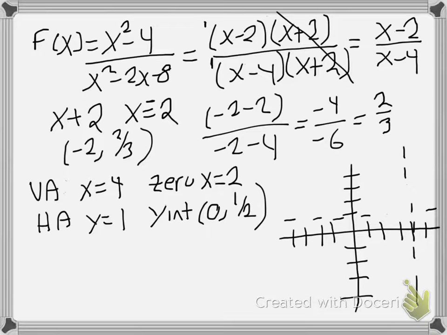I know that I have a 0 at 2. So I have a 0 right here. A point there. And I also know that I have a hole at -2, 2/3. So here I want to draw a nice little circle with an open hole in it.